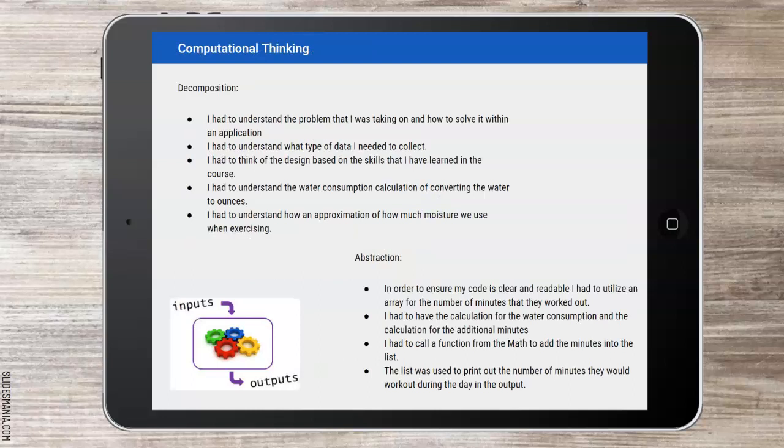The computational thinking part was very interesting to me. The decomposing of understanding the problem was at first foreign, but not foreign to me. And then I just had to sit down and write everything out, as in what was I trying to create? What were people trying to look for?